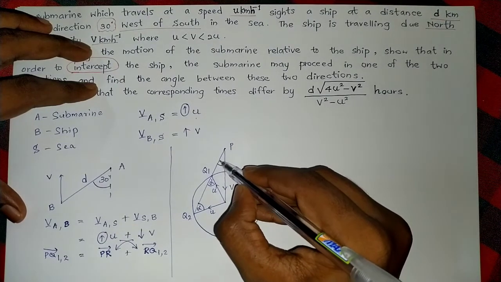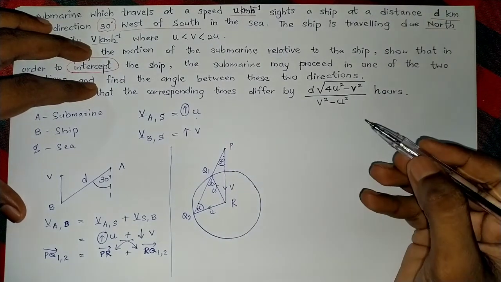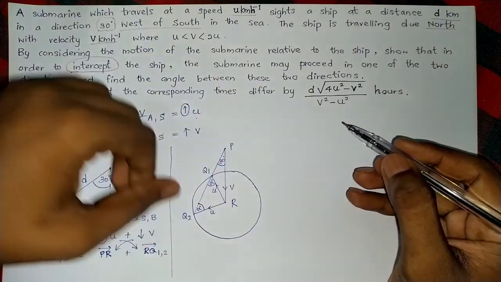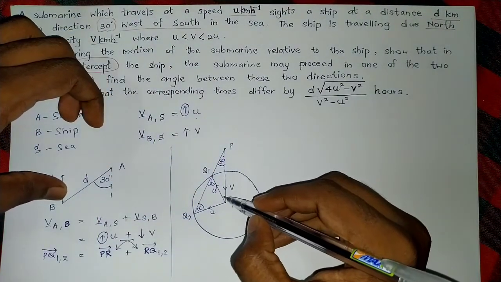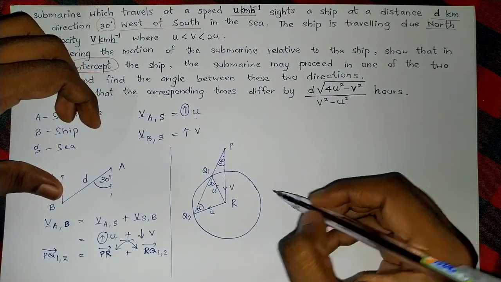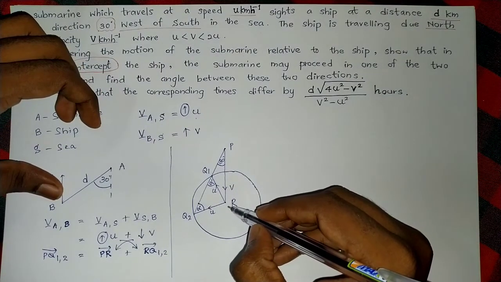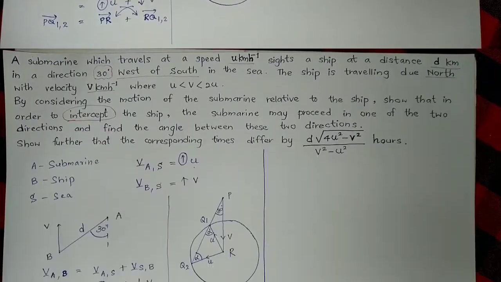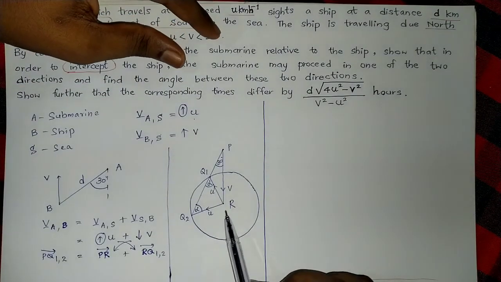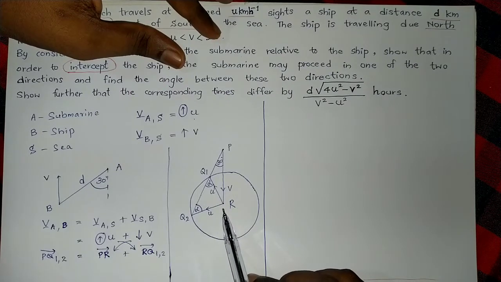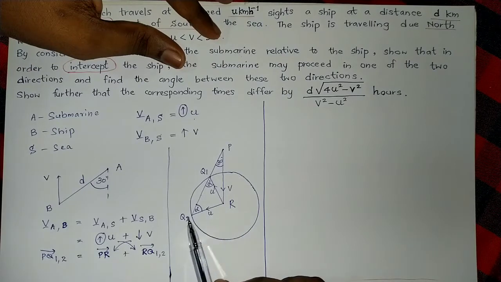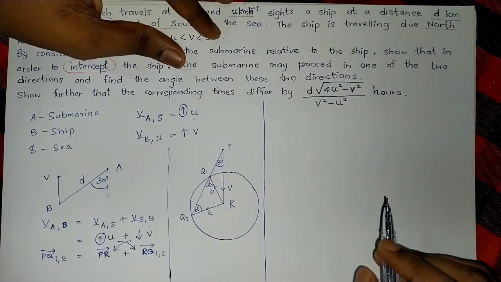This angle is 30 degrees because I have drawn the path AB, that is 30 degrees inclined to south, 30 degrees inclined to my vertical. Now from this diagram I can say the submarine can proceed either in RQ1 direction or RQ2 direction in order to intercept the ship.